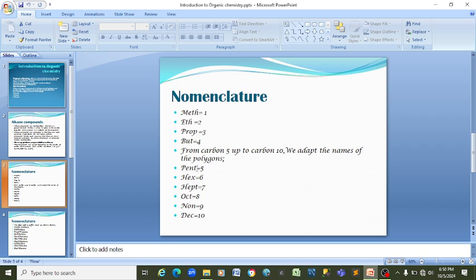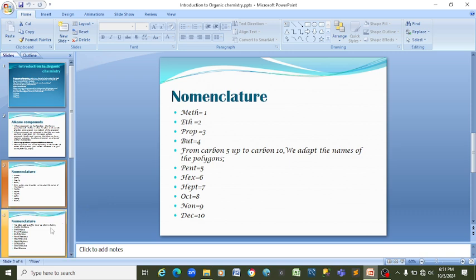So we have pent standing for the one having carbon number 5. When we go to carbon number 6, we have hex, then number 7 we have hept, 8 we have oct, 9 we have non, and 10 we have dec. Those are the prefixes that we are going to use when trying to name these alkane compounds.